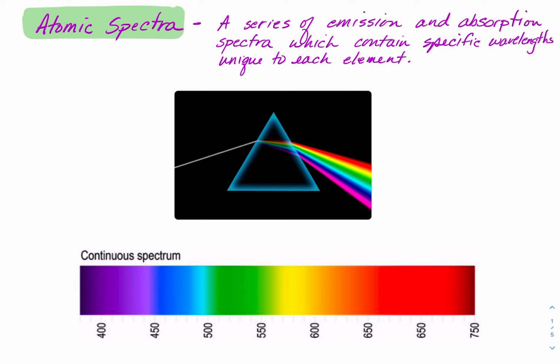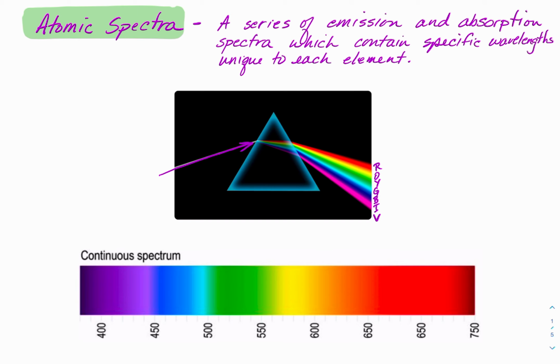I'm borrowing from Pink Floyd here, where they have a prism in the center and some white light traveling to that prism, and the prism will diffract and separate all of the wavelengths of light into multiple wavelengths that you can see here. So this would be the ROY G. BIV wavelengths of light that you see in the visible spectrum.